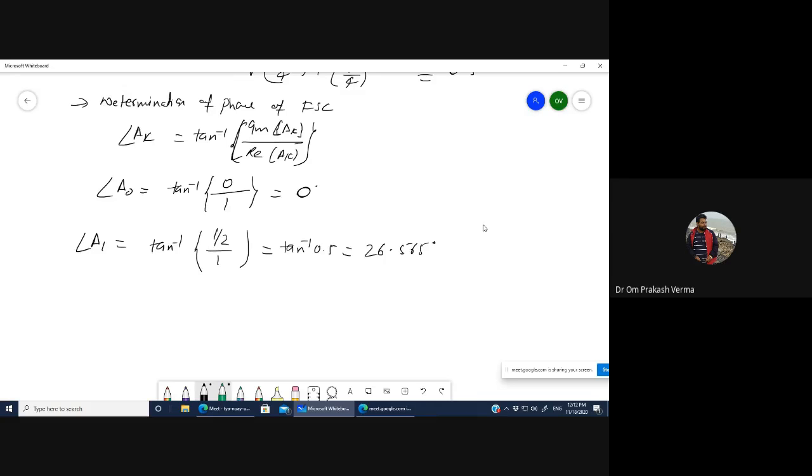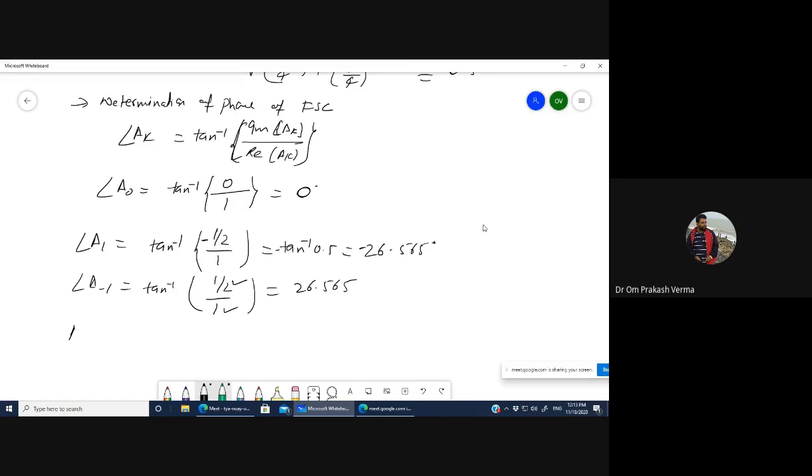Similarly, you can calculate A of minus 1. Sorry, in A1 the imaginary part is minus 1 by 2, so the angle is minus 26.565 degrees; and for A minus 1, it is tan inverse of 1 by 2 over 1, the imaginary part is 1 by 2 and the real part is 1, so it is 26.565 degrees.